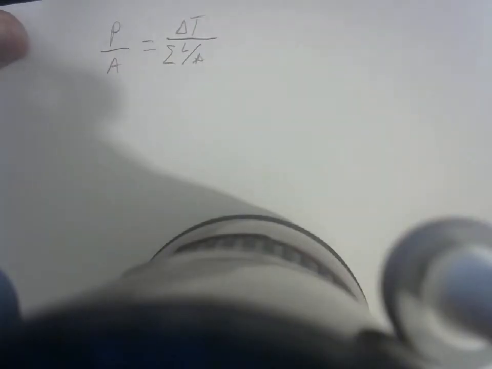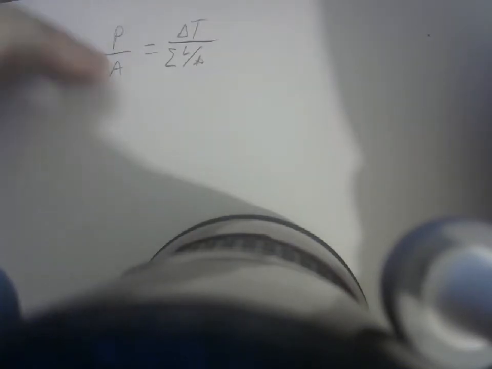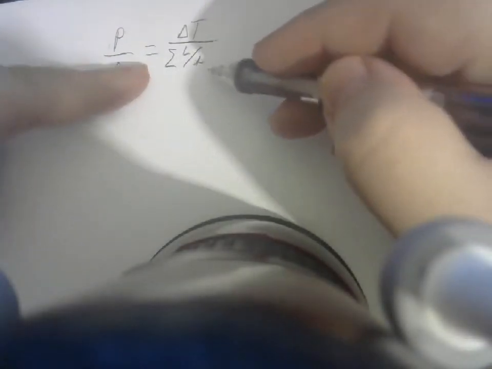Okay, this equation is essentially equivalent to equation 11.8 in your book. The intensity of energy coming through something is equal to delta, the difference in temperature, divided by, this is essentially the R value.